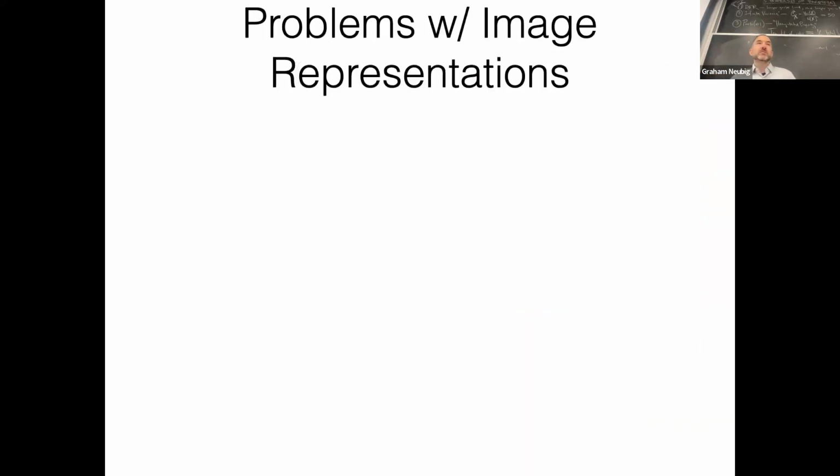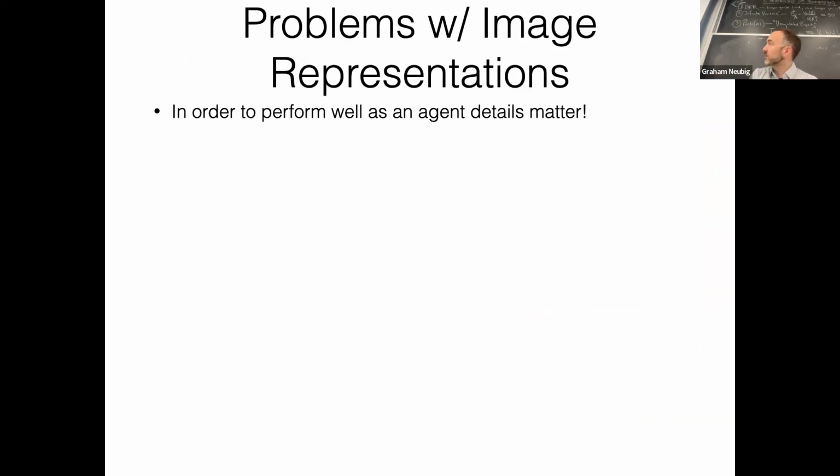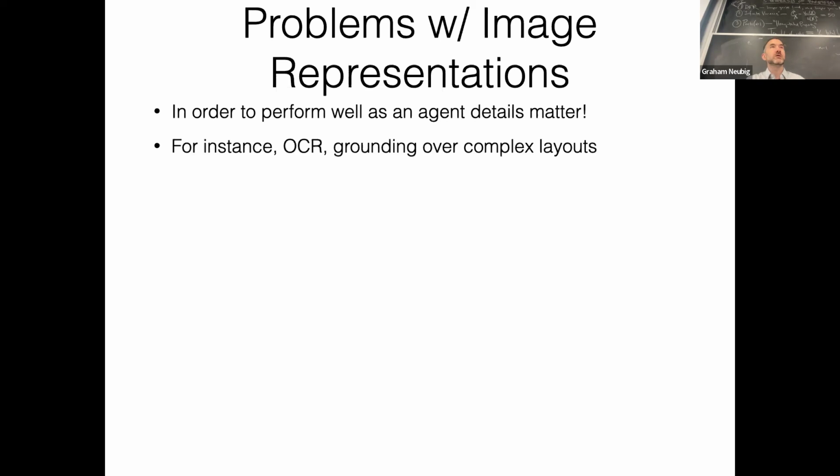There's a number of problems with image representations, though. In order to perform well as an agent, the details matter a lot. To be honest, I feel like image understanding is far behind textual understanding in terms of understanding all the details of images, videos, and other things like this.